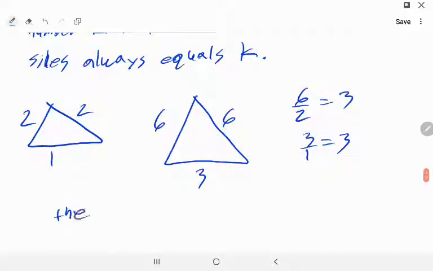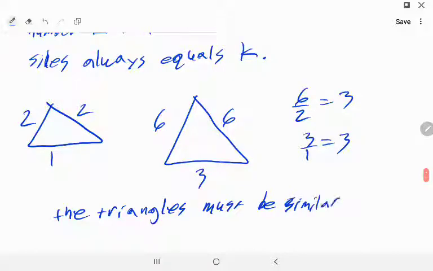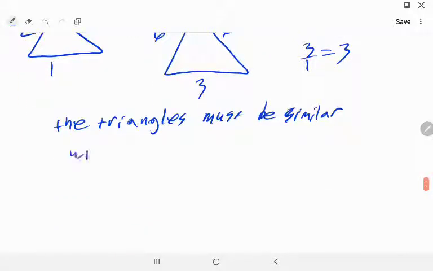The triangles must be similar with scale factor k. Sorry, scale factor 3. And so we can sometimes use that.